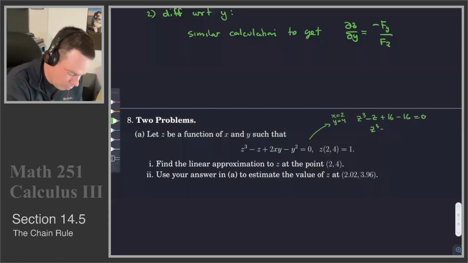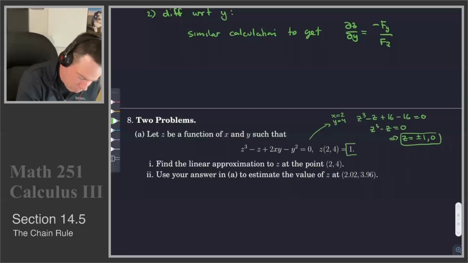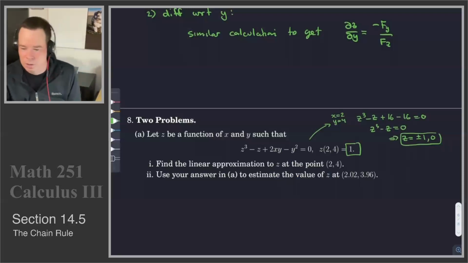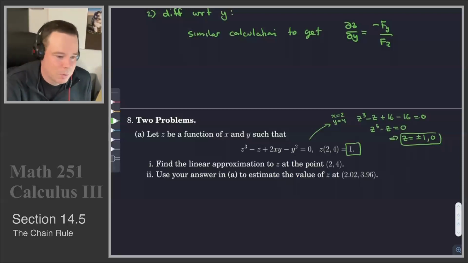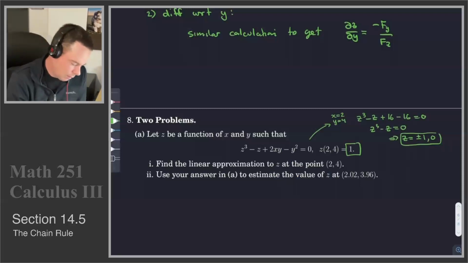So z cubed minus z is equal to 0. So that means z is plus or minus 1 or 0. So there's our 3 different z values that correspond to that x, y value. We're interested in the point where the z value is 1. So in terms of our diagram, we're interested in the red point, not the other 2 yellow ones. And we'll see that diagram in a second.